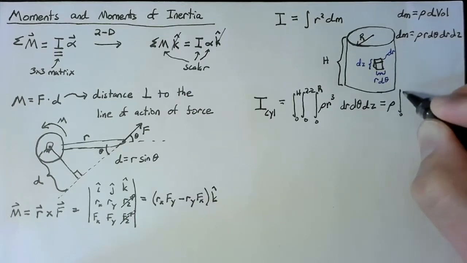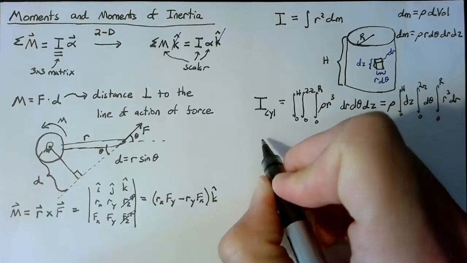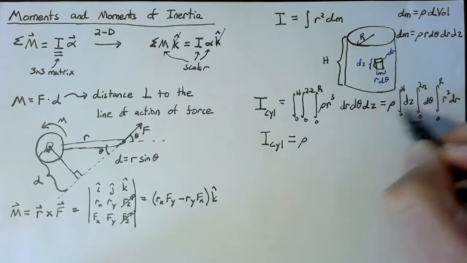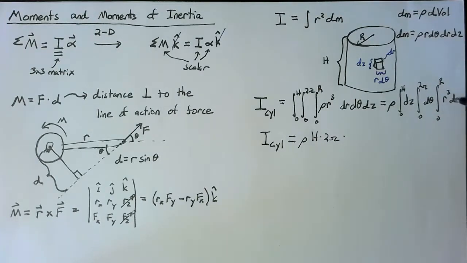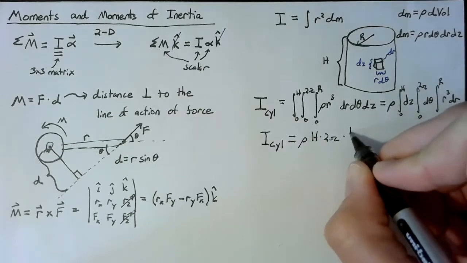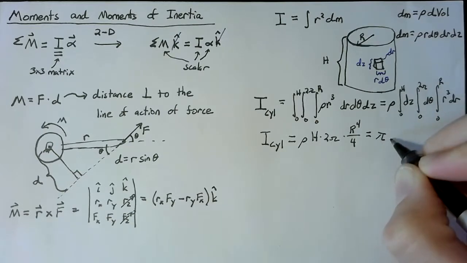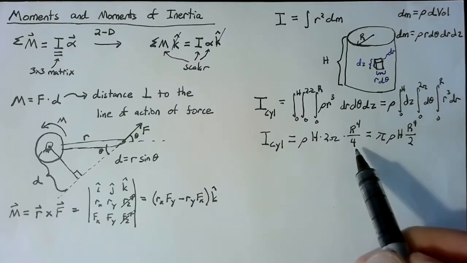Then we can have the integral from 0 to h of dz, the integral from 0 to 2 pi of d theta, and then finally the integral from 0 to R of r cubed dr. So now we can simplify, and we end up with the moment of inertia of a cylinder being rho times h times 2 pi multiplied by this last term, which becomes capital R to the 4th divided by 4. So I'm going to write that a little bit cleaner and end up with just pi times rho times h multiplied by R to the 4th over 2.